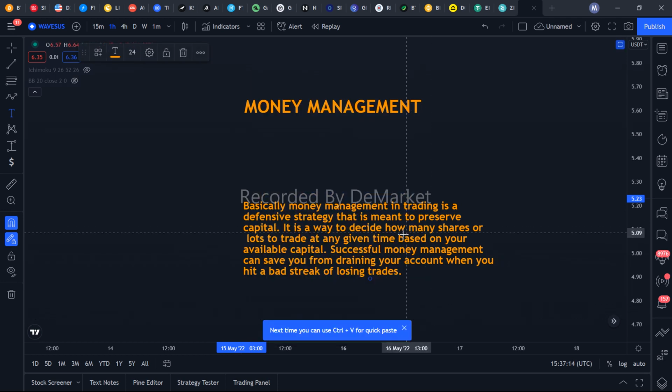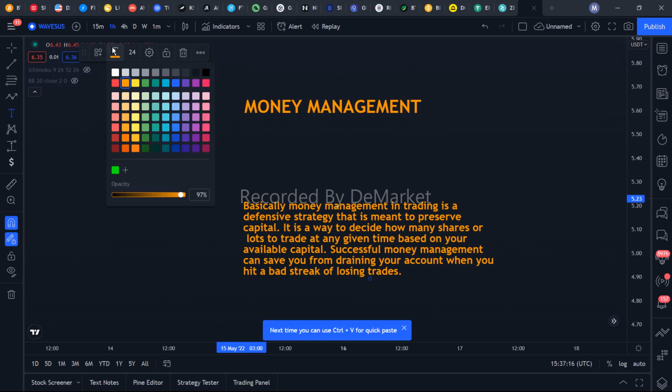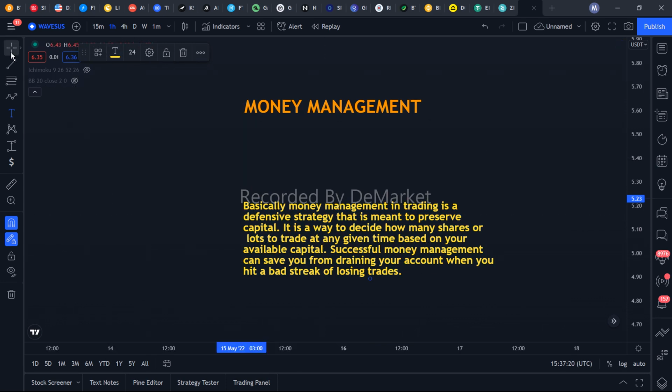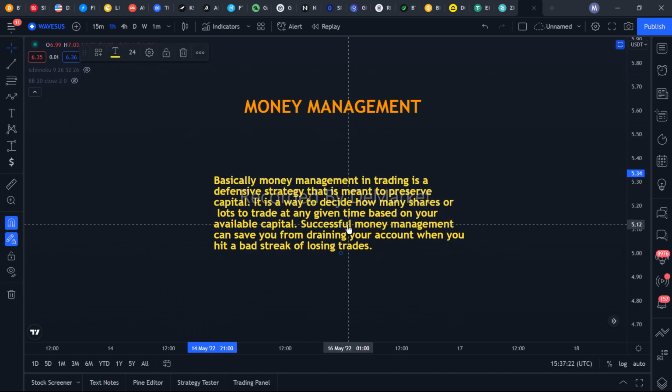The importance of money management is basically this: money management in trading is a defensive strategy. It can be a plan, or rules you've laid down that you want to follow strictly, that is meant to preserve capital, that is, to preserve your trading account balance.